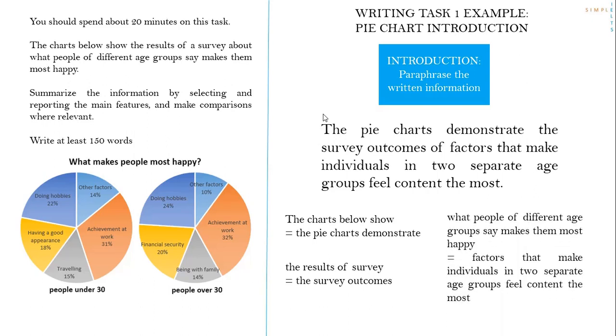And then what people of different age groups say makes the most happy has the same meaning with factors that make individuals in two separate age groups feel content the most. Happy has the same meaning with content. People has the same meaning with individuals. So that's for the introduction.